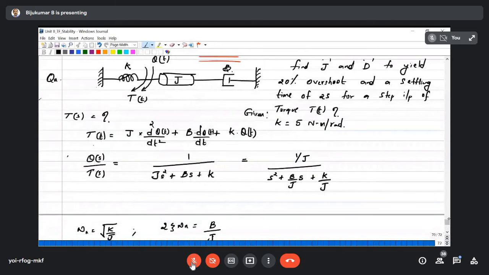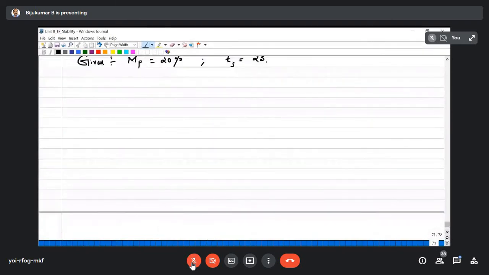So we know the equation of Mp, that means peak overshoot. What is the equation for peak overshoot? It is e power minus zeta pi divided by root of 1 minus zeta square into 100, right?